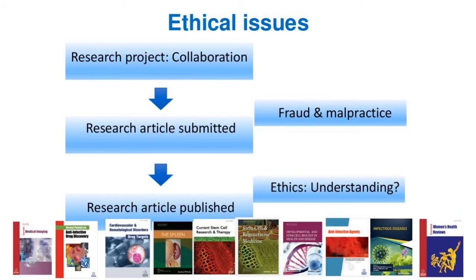Again, this is an issue that we're going to come back to and talk about again in our future presentations, but do you have a clear understanding of what the ethical requirements are for the research that you are doing in your particular area? Have a look at your target journals.